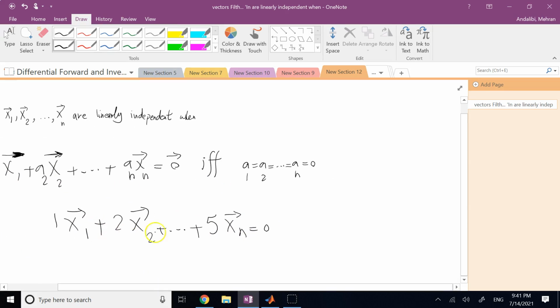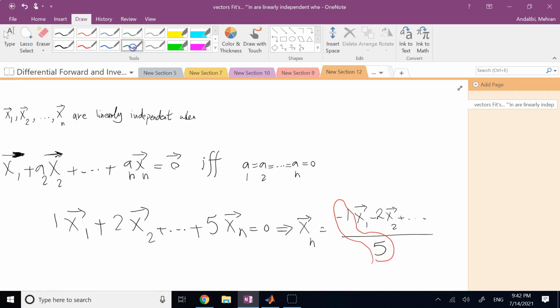Why? Because from here, I can find one of them based on everything else. If I want to make xn, how do I make it? I say xn is equal to negative 1 times x1, negative 2 times x2, and the rest of the terms, and then divide everything by 5. So you see, xn is negative 1 over 5 x1, and then negative 2 over 5 x2, and some other numbers times the rest of them.